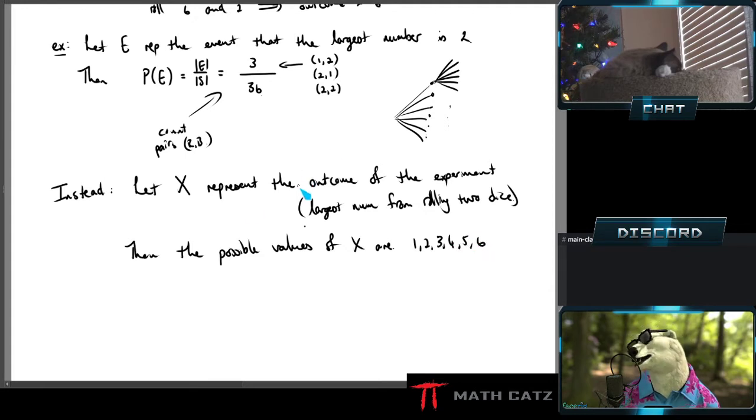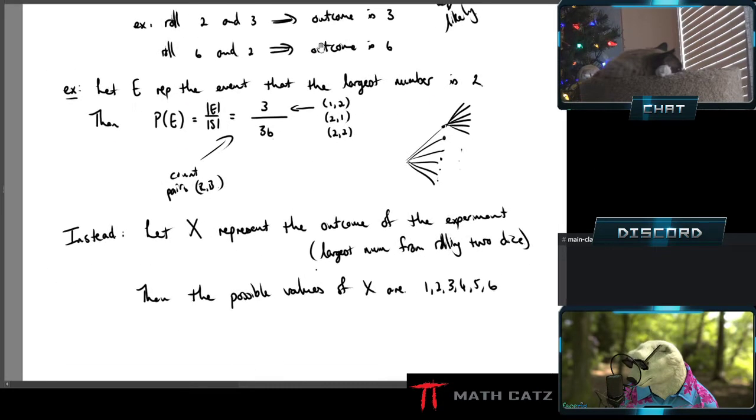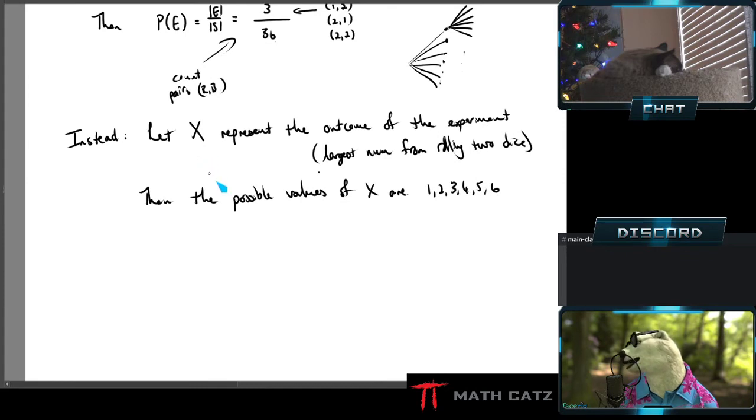We're not doing anything different, really. We're just giving it a different look, if you will. See how we're doing the same thing. We write the experiment, we understand what we're looking for, all possible outcomes. Now I'm just associating these values, these outcome values, with a variable.